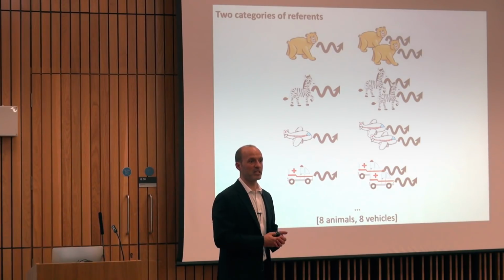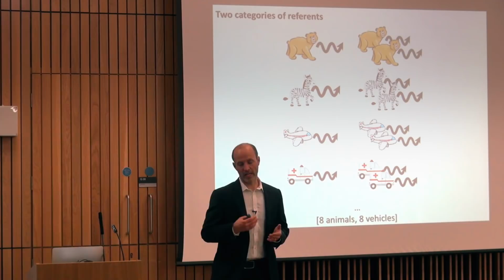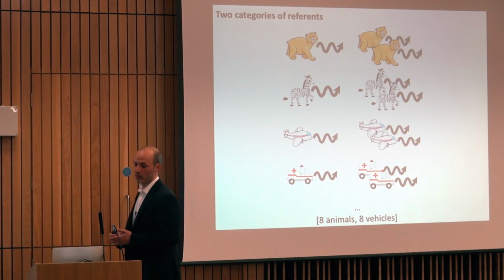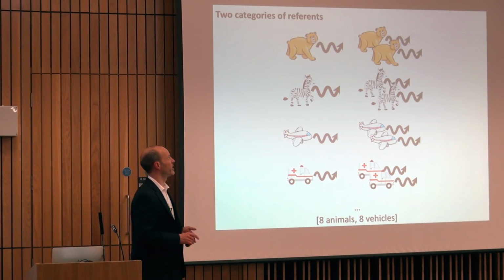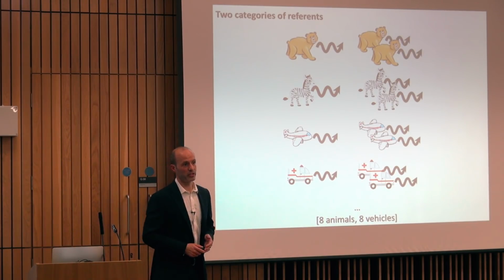And all other details of the experiment are essentially the same. So people learn descriptions for events involving these reference and then pass them on to other people through a chain of transmission. So the only change is that we've introduced a kind of salient semantic distinction.